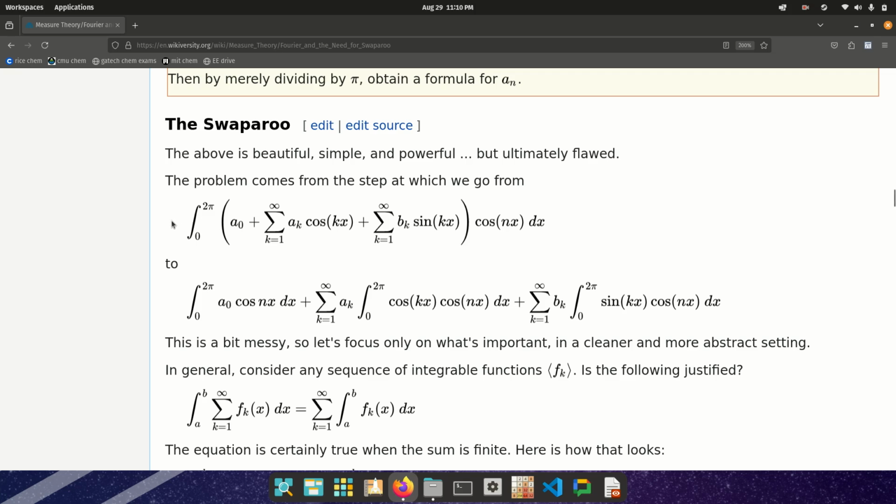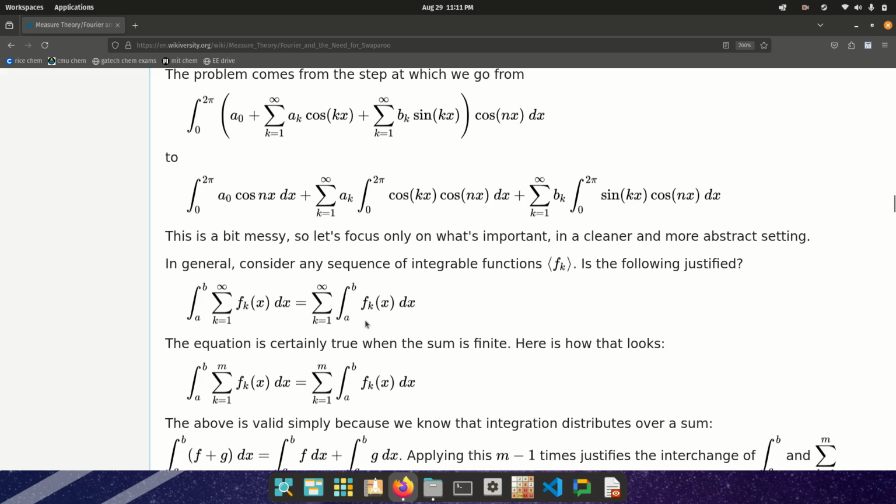Every one of those steps just uses relatively well-behaved distributions. But the issue comes with this middle term, where instead of having the integral on the outside, it now switches with the summation and moves to the inside. That is the problem spot, which is not fully guaranteed to always be correct.